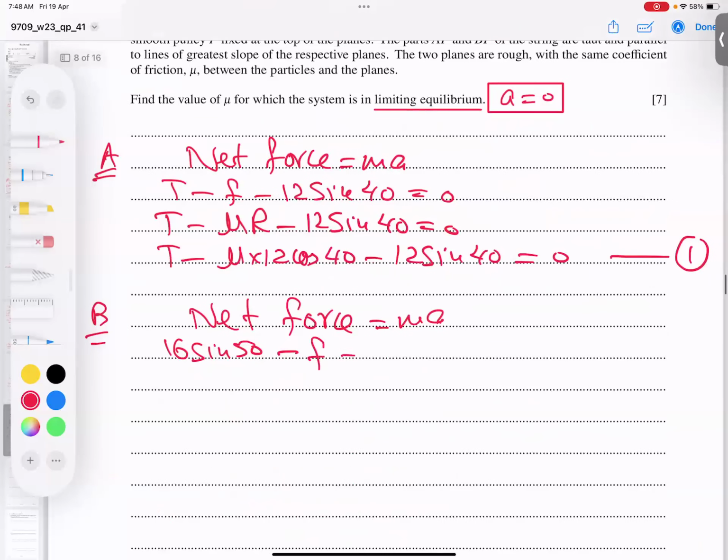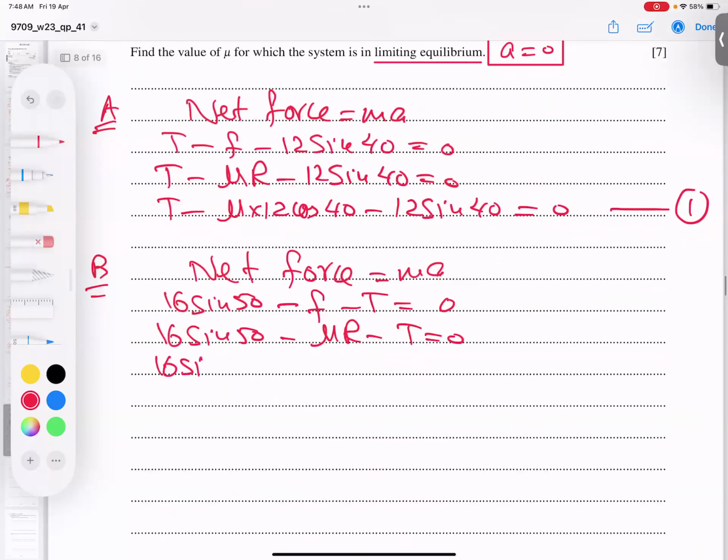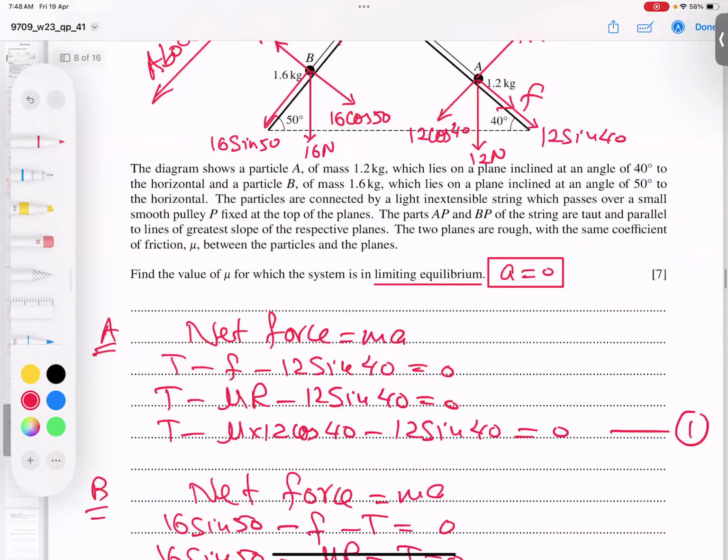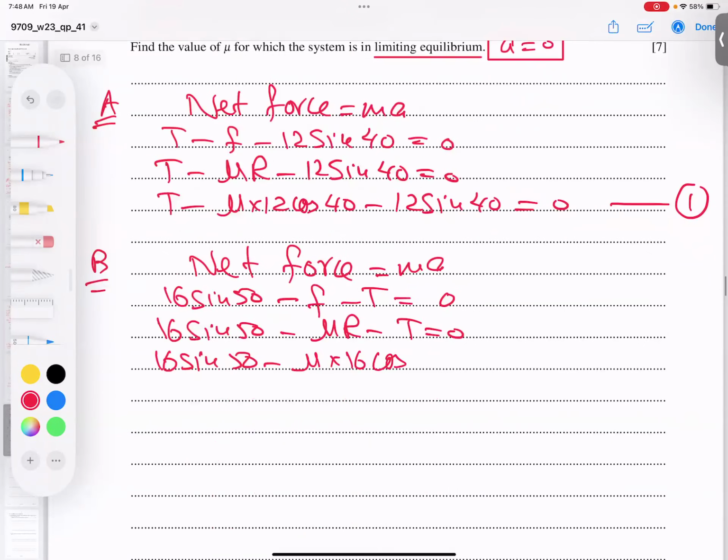So minus friction minus tension equals to 0 because acceleration is 0. So 16 sine 50, friction is mu R, tension as it is, mu is unknown, R is what? For this particle, R is 16 cos 50. Okay, equation number 2 ready.